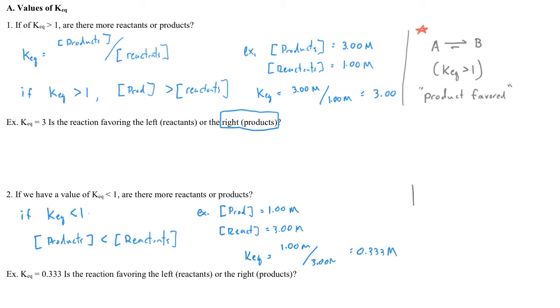Now, what does this say about our product versus starting material distribution? Well, this shows us that the reaction is reactant favored. So we draw a small arrow towards the product and leave a larger arrow back towards the reactant. This is when KEQ is less than 1. It is reactant favored.